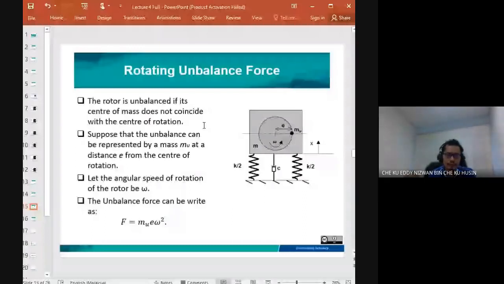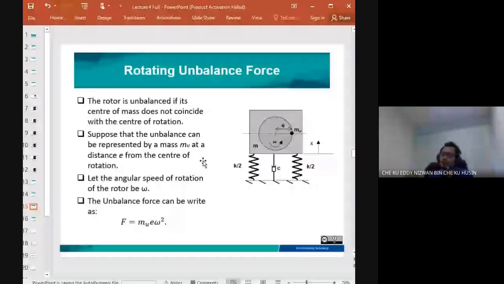Actually, there are a lot more. There is unbalance, and misalignment can also produce the harmonic kind of force. Even a defect in the system, like a gear defect or bearing defects, can also produce the harmonic force.